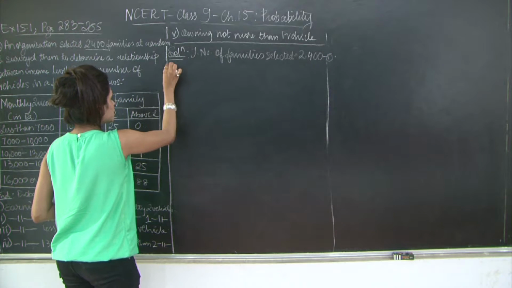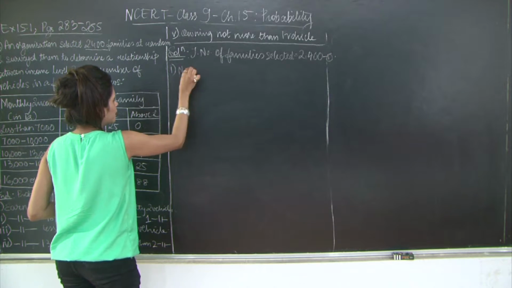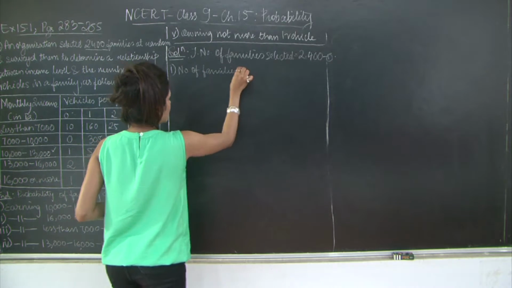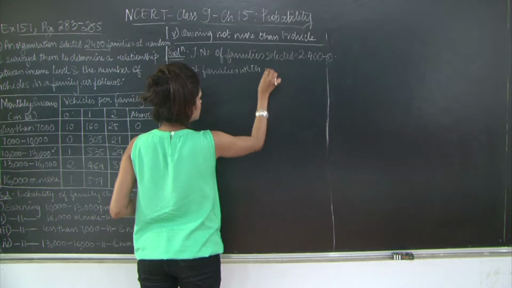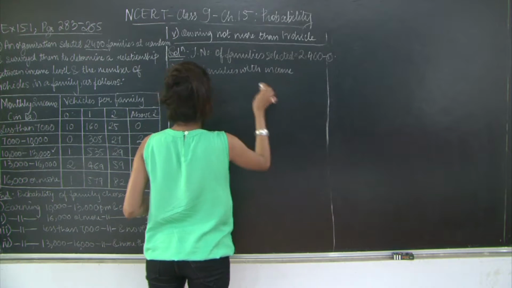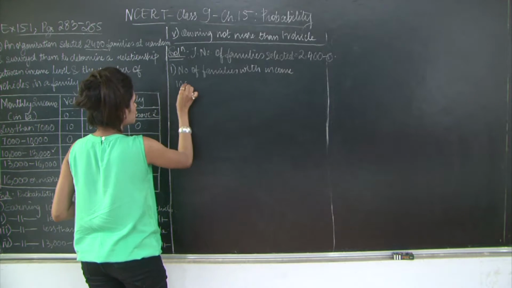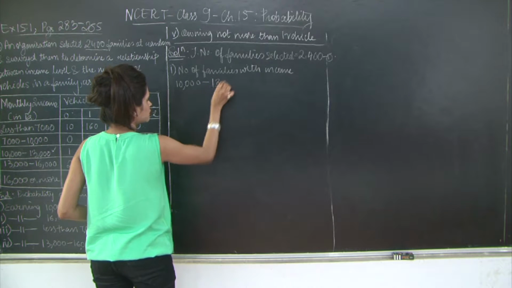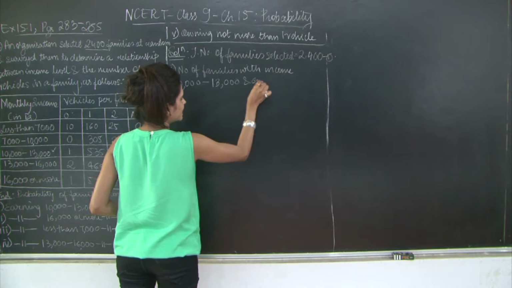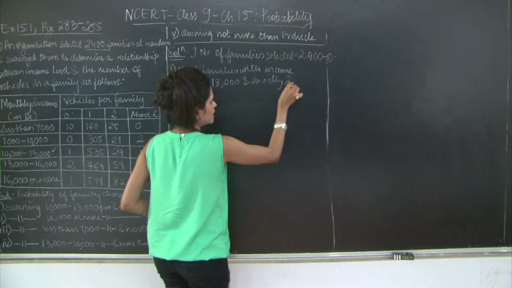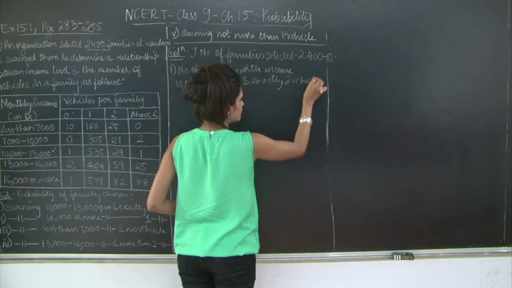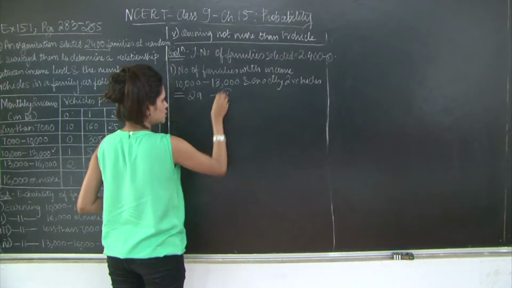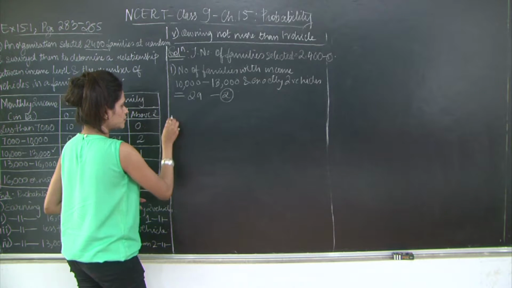Now the first sub question: number of families with income range 10,000 to 13,000 and exactly 2 vehicles. This count is 29. Let's mark this as 2. So what is the required probability going to be?